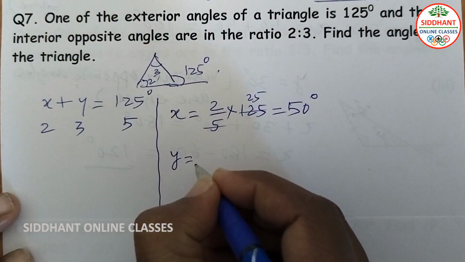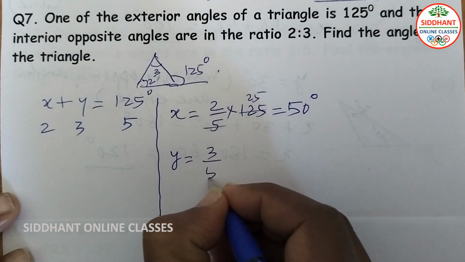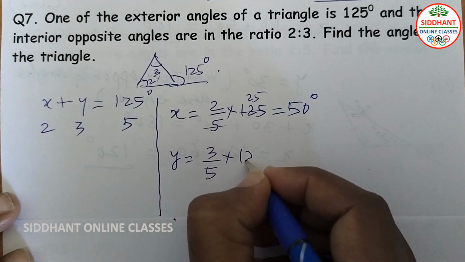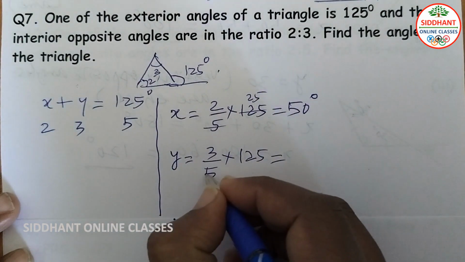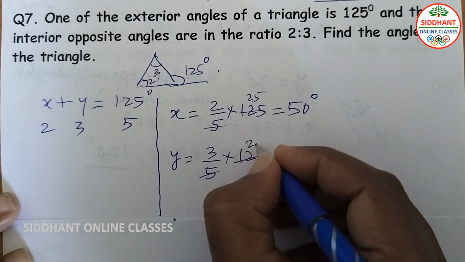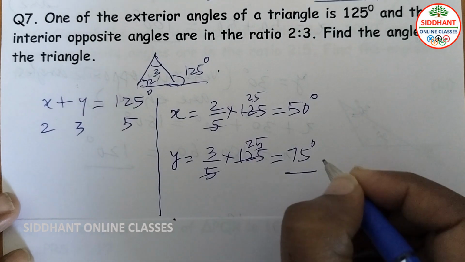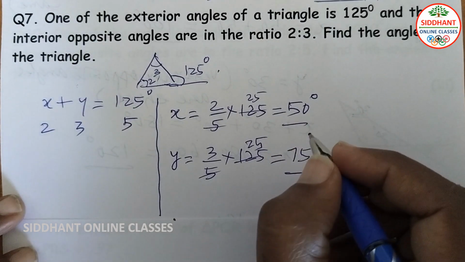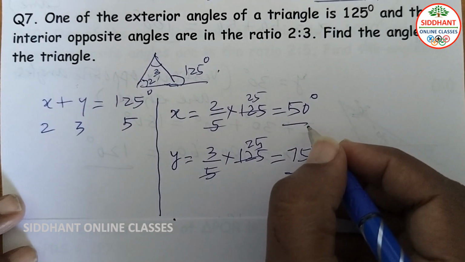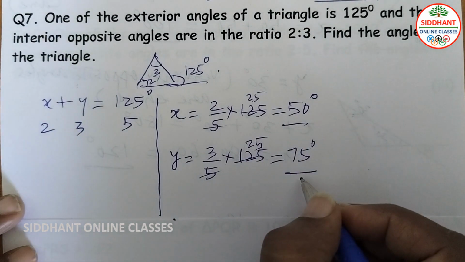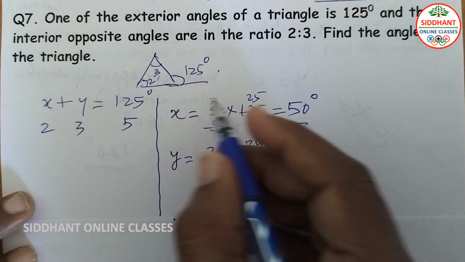And y will be 3 by 5 into 125, 25 times 3, here 75 degrees. So x is 50 degrees, y is 75 degrees. Find the angles of the triangle.